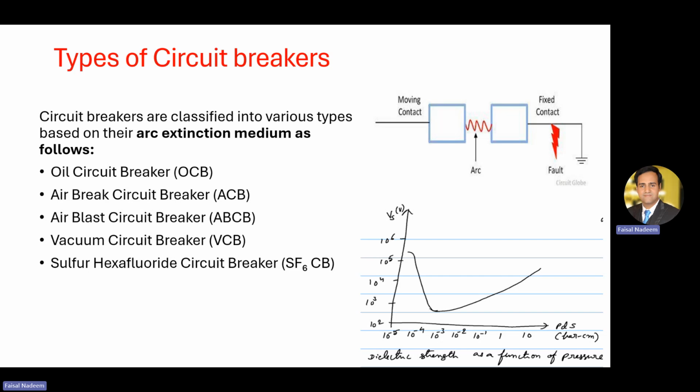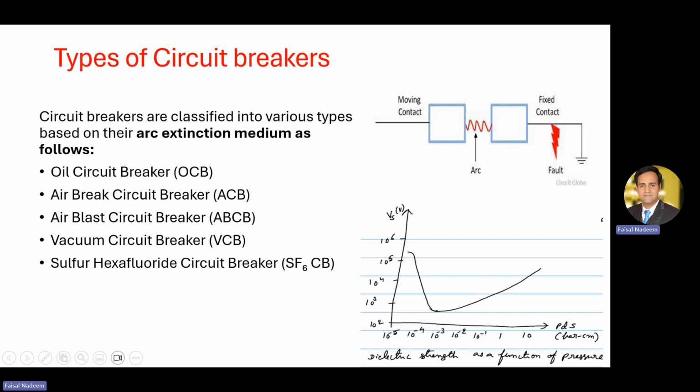You know well that there are two metal contacts inside the circuit breaker. One contact is fixed and the other one is a moving contact. As long as the power system or the electrical network is working in steady state or normal condition, they are completely in contact with each other and there is no distance between them.